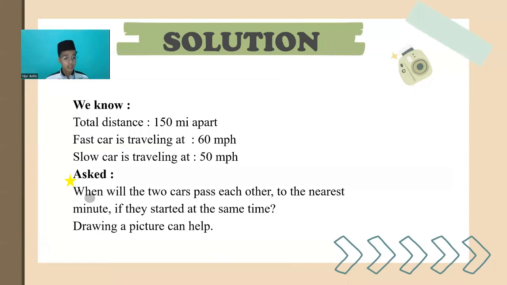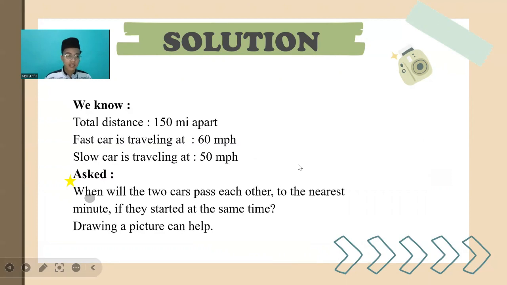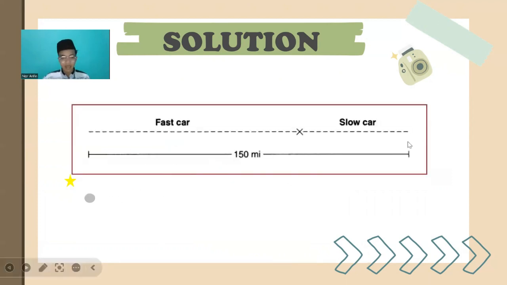So when will the two cars pass each other, to the nearest minute, if they started at the same time? Drawing a picture can help. So this is a picture. This is the fast car and the slow car. This is the total distance.